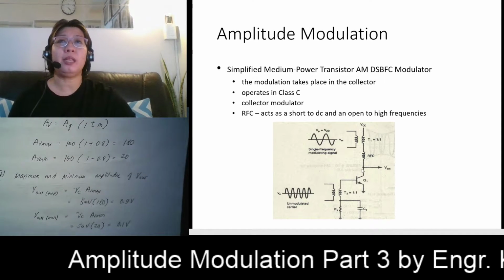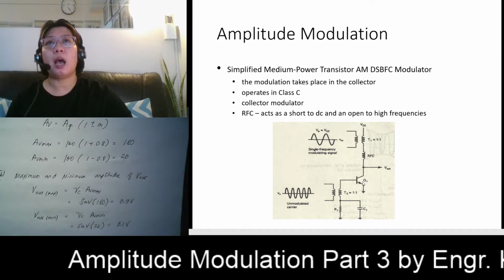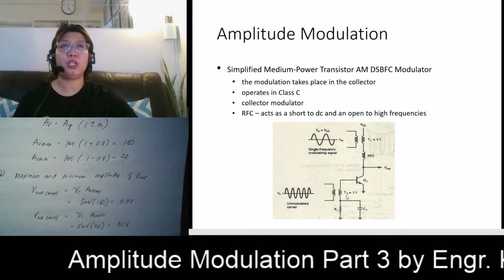Okay, so the collector is the output element. Therefore it is the final active stage of your transmitter. So what do we mean by the final active stage of the transmitter? There is no amplifier between it and the antenna. So actually after modulation, it will be right away transmitted. This is our definition for a high level modulator.